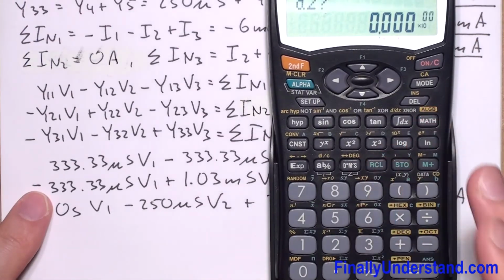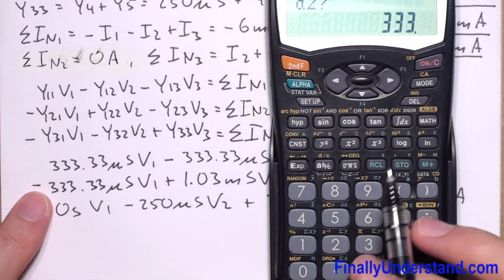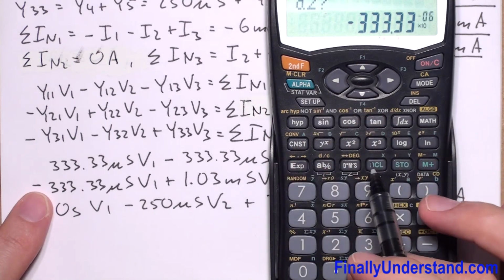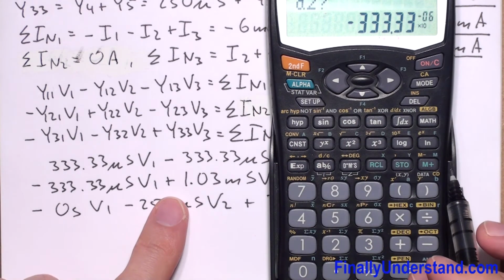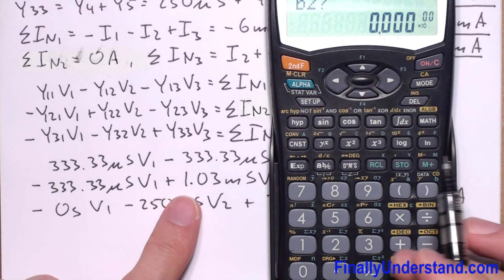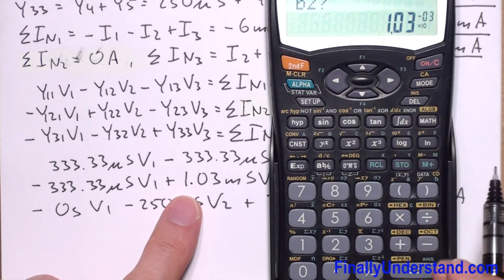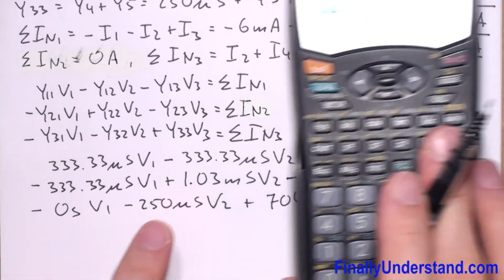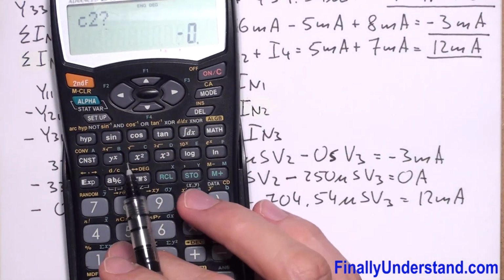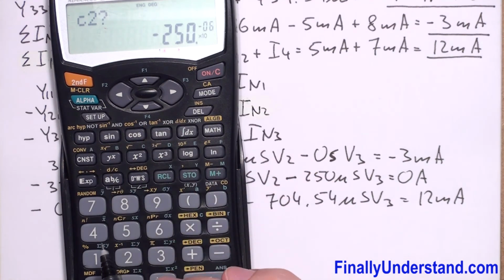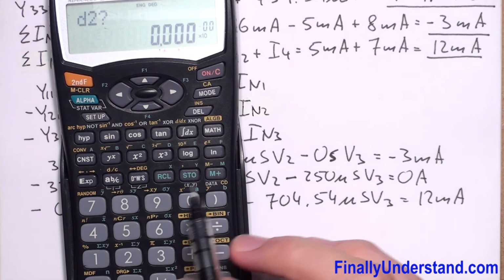Second row: negative 333.33 exponent 6 negative, 1.03 exponent 3 negative, negative 250 exponent 6 negative, and 0.